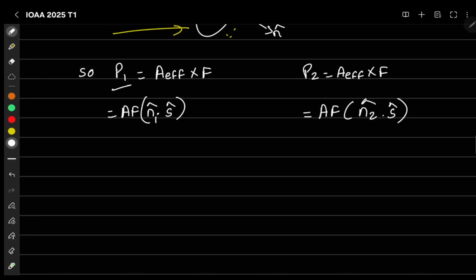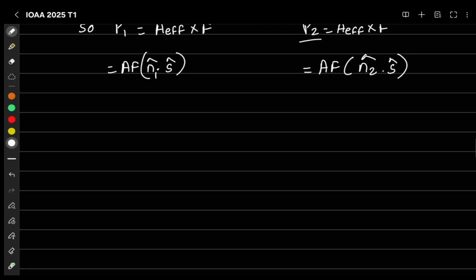Now we have been given P1 and P2, right? My flux is the same, my area is the same, and if I can find N1 and N2, I can make an equation which will help me get the unit vector S, right?